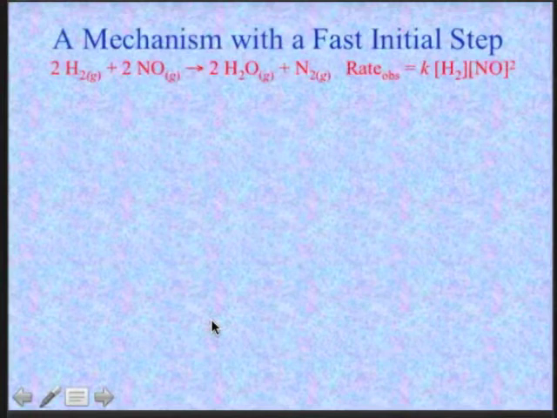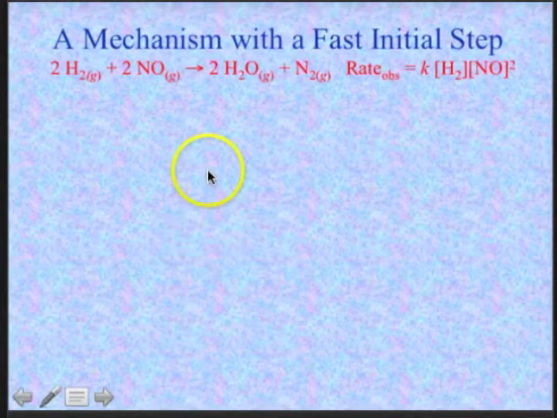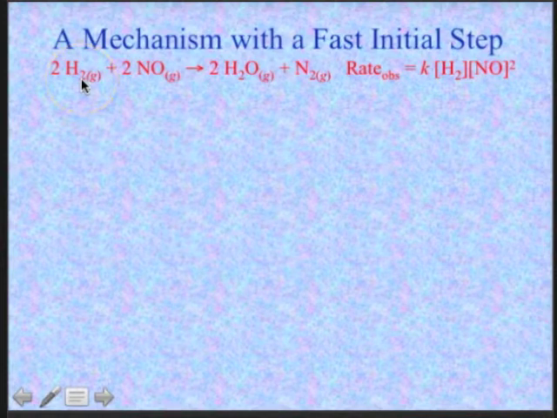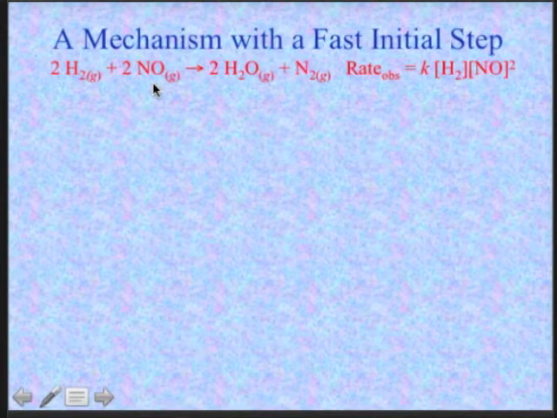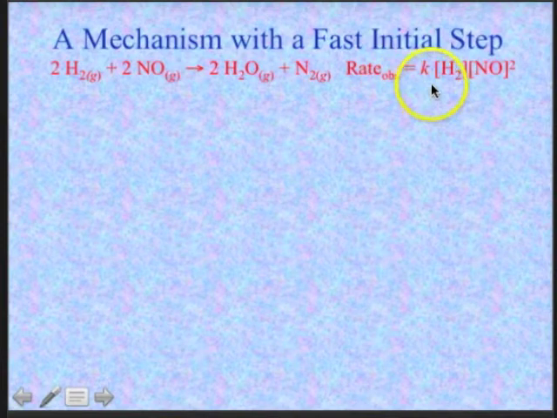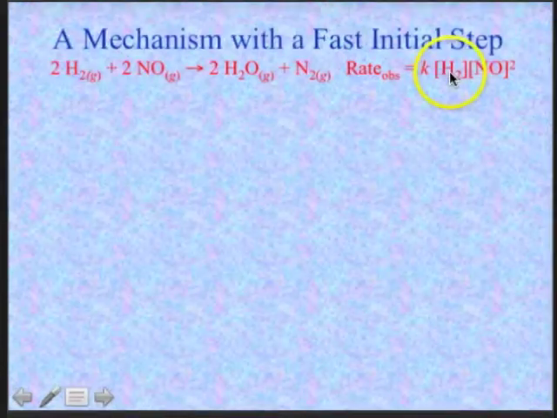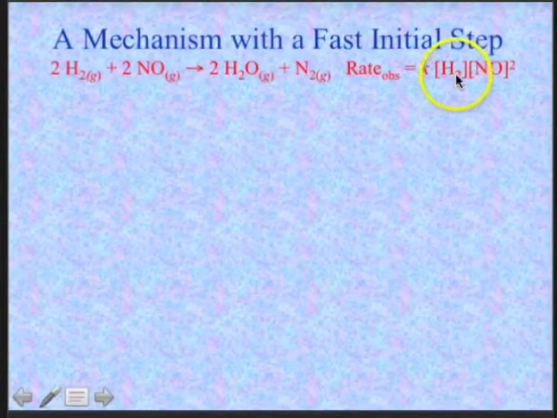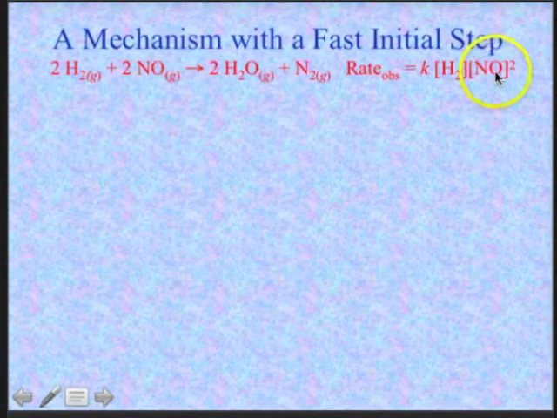This is much better understood by actually seeing a situation like this. Here is one. We have a reaction. We go to the lab. 2 hydrogen molecules react with 2 nitric oxide molecules to form 2 water molecules and nitrogen gas. The observed rate is a third order overall reaction, first order in hydrogen and second order in nitric oxide.